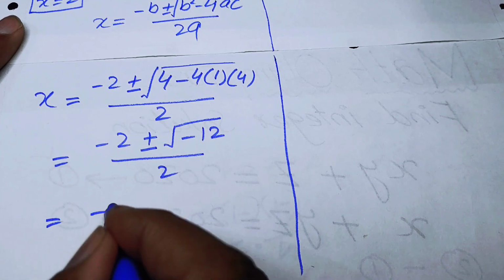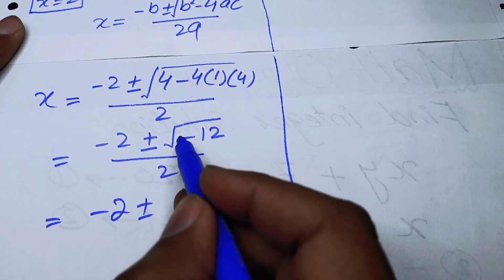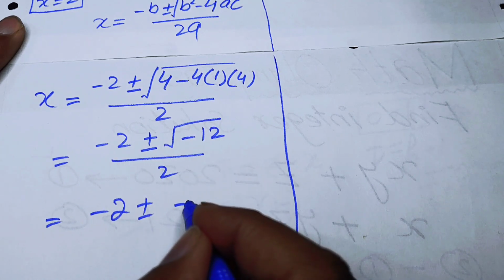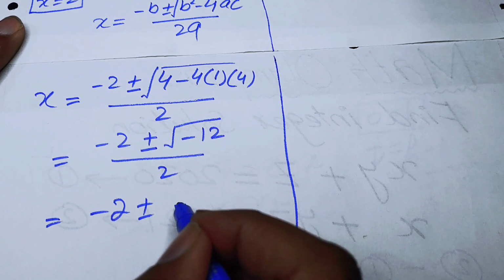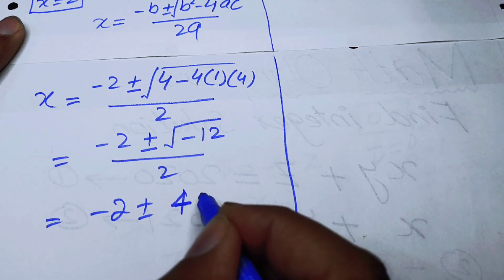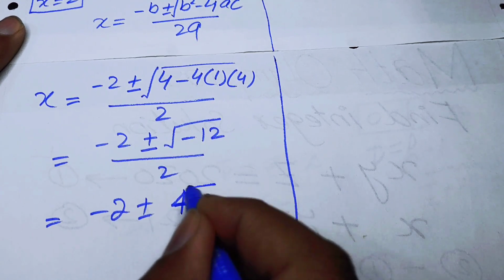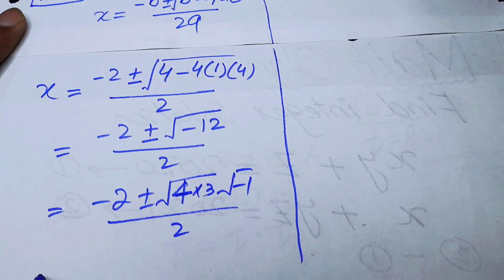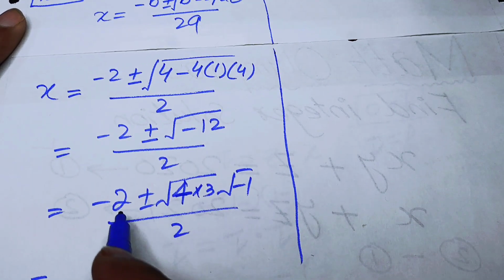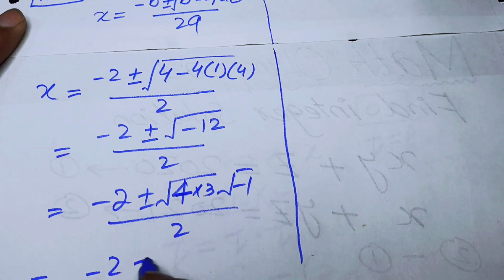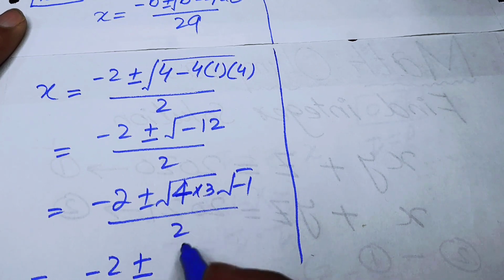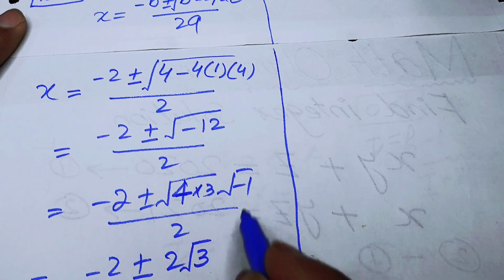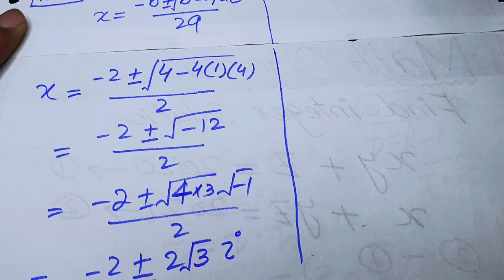After that, you just separate the square root of the negative term and 12. You can write 12 as 4 times 3, so it becomes square root of 4 times square root of 3 times square root of minus 1, over 2. Simplifying, you will get minus 2 plus minus 2 times square root 3 times iota, over 2.